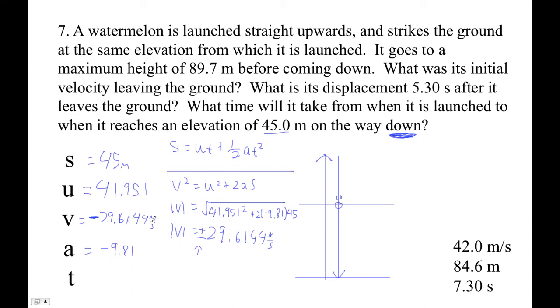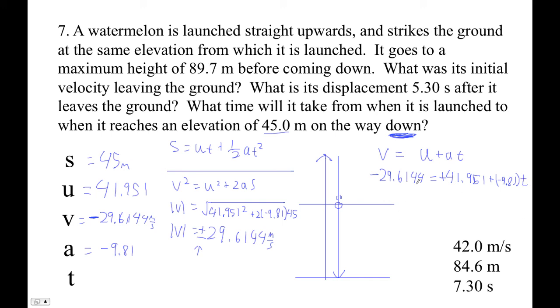So now we want to find time. My choice for finding time is v equals u plus at. So the final velocity is negative 29.6144, and that equals positive 41.951 plus negative 9.81 times t.